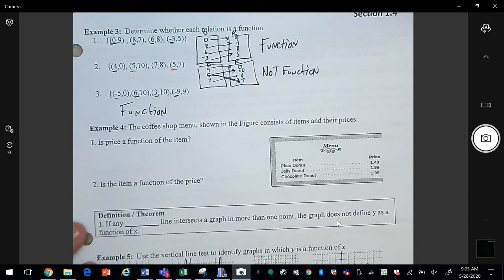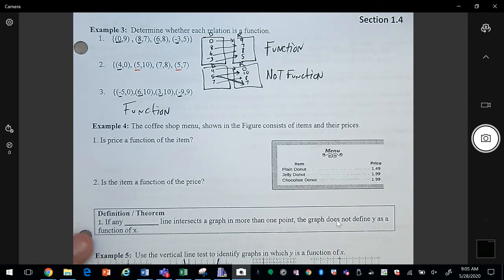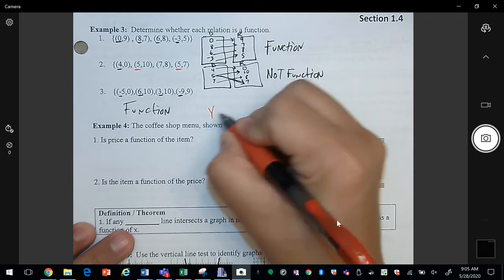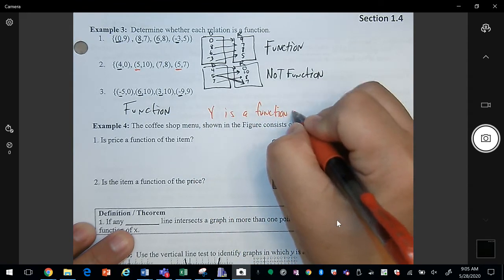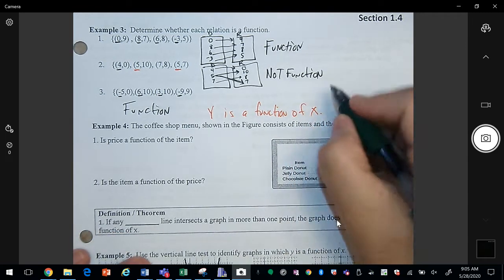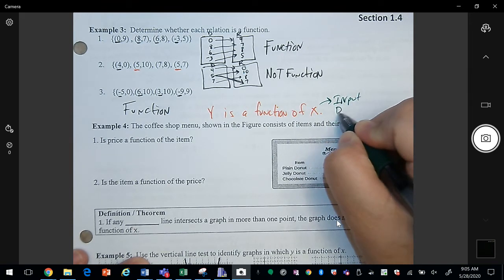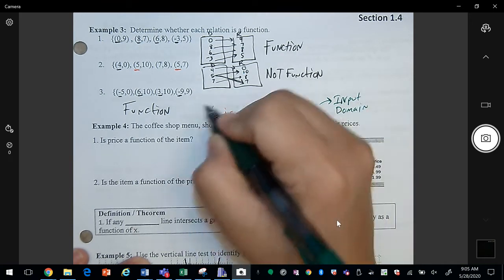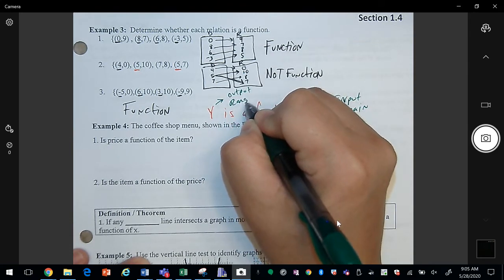Okay, so let's look at example 4. And before we do the example, I want to write the following statement. Y is a function of x. In this statement, x is your input, which is your domain, and y is your output, which is the range.